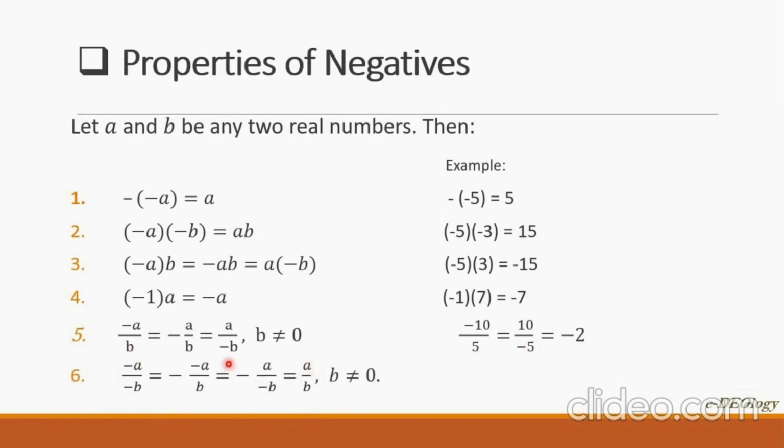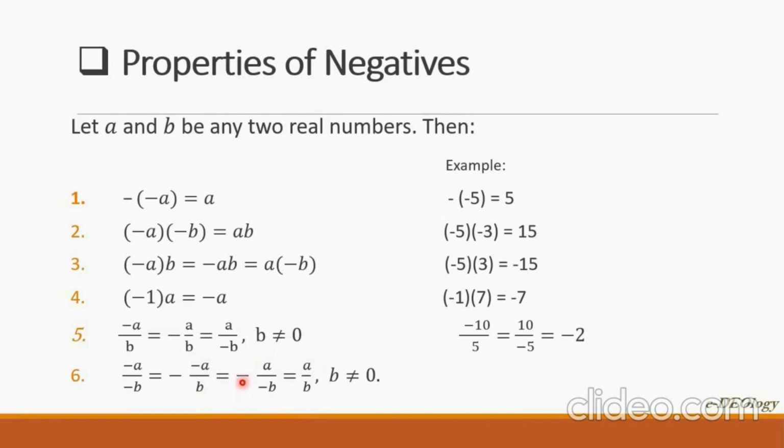There are some cases that look like this. There is a big negative sign outside, and then there is a division of two numbers of opposite sign. In this case, this is negative A over B, and in the other case, the B is negative, the A is positive.